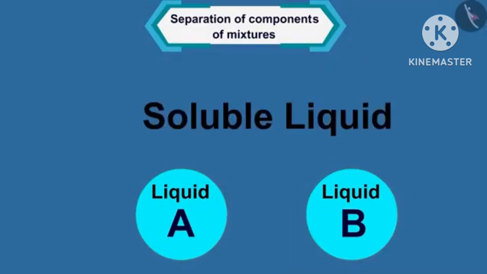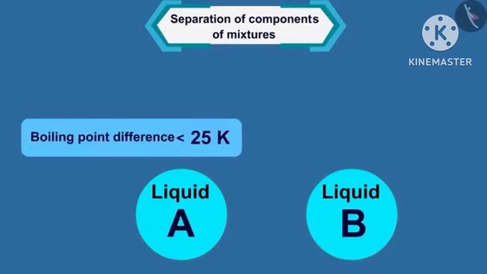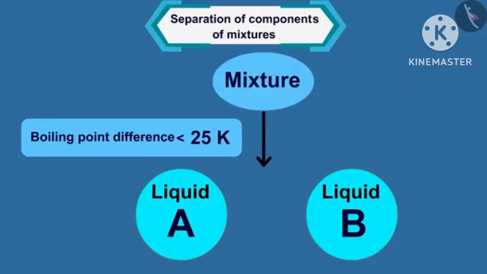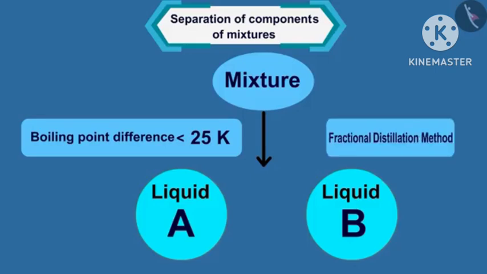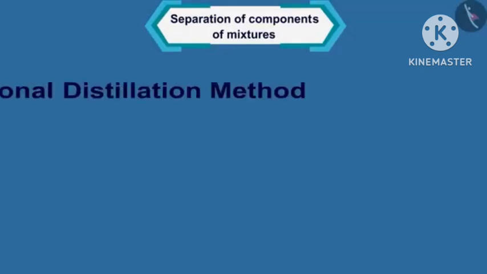To separate a mixture of two or more miscible liquids for which the difference in boiling points is less than 25 K, the fractional distillation process is used. You may be thinking that by the fractional distillation method, we can only separate a mixture of liquids.